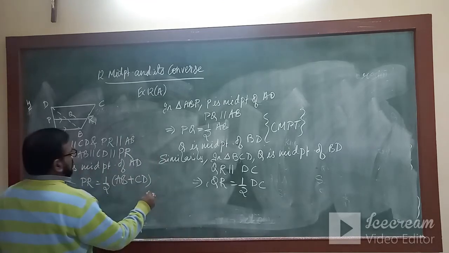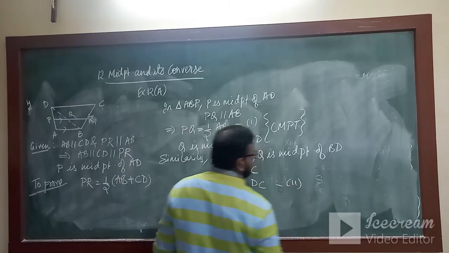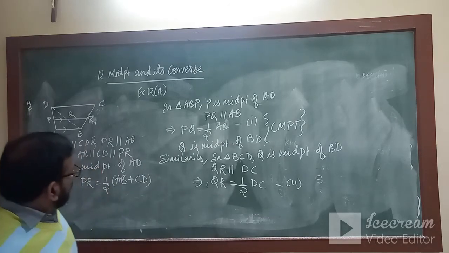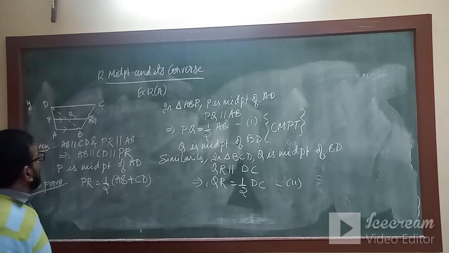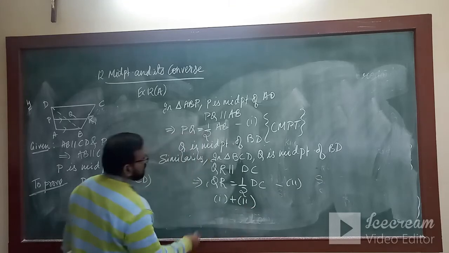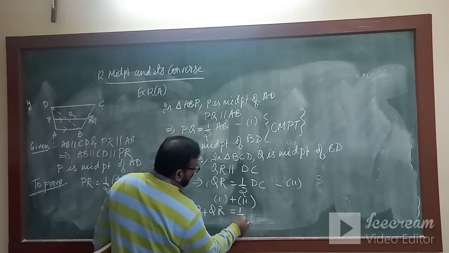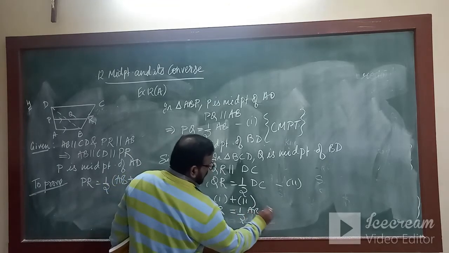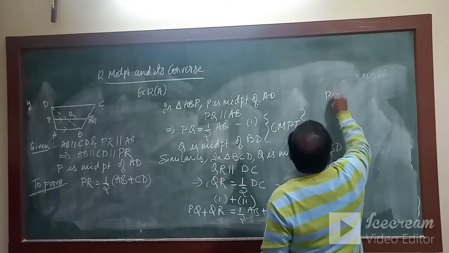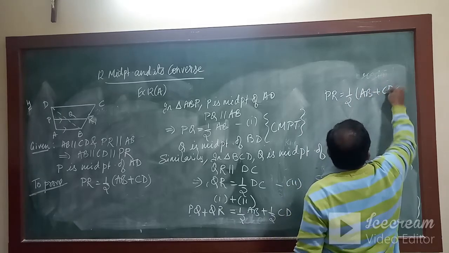Let this be our first, let this be our second. According to the question, if you see very carefully, what actually is PR? PR is PQ plus QR, so we will do 1 plus 2, that is PQ plus QR equals half of AB plus half of CD, that is PR equals half of (AB plus CD).